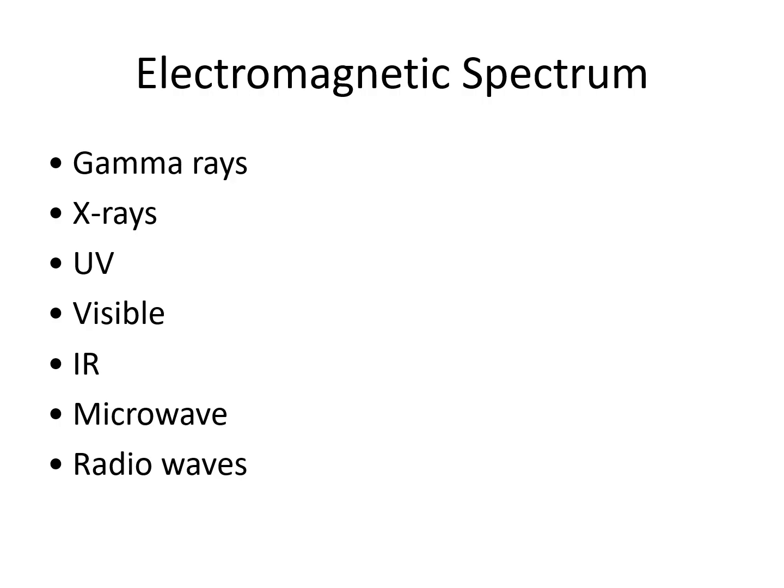Each region provides specific information about molecules. For example, UV and visible light show electronic transitions. IR light shows vibrations and microwave shows rotations.